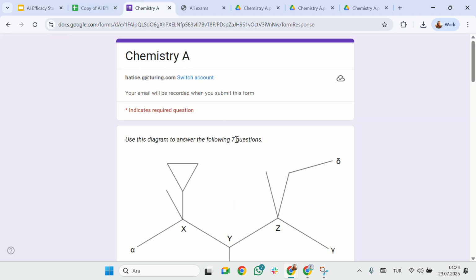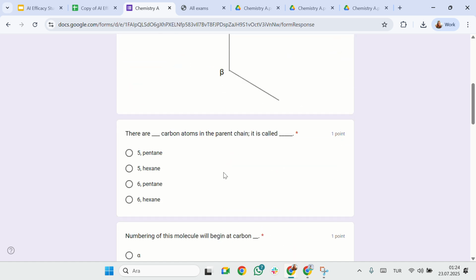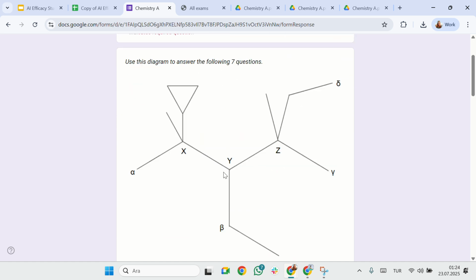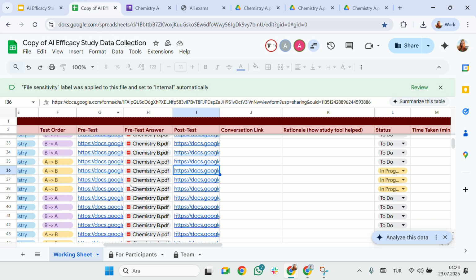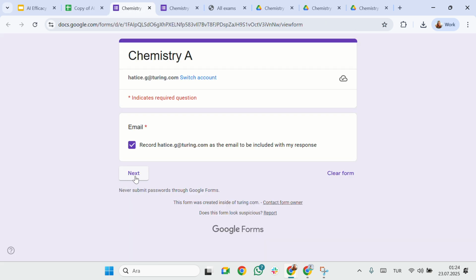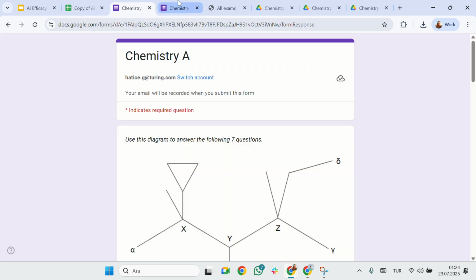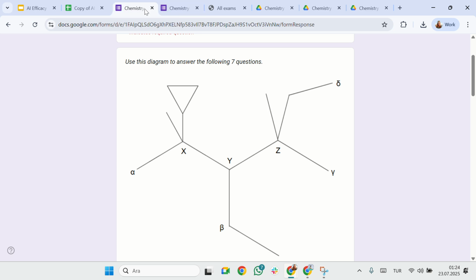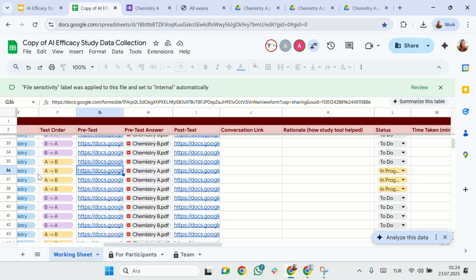Use this diagram to answer the following 7 questions. But this was the same as before, isn't it? Okay, let's do the post test.